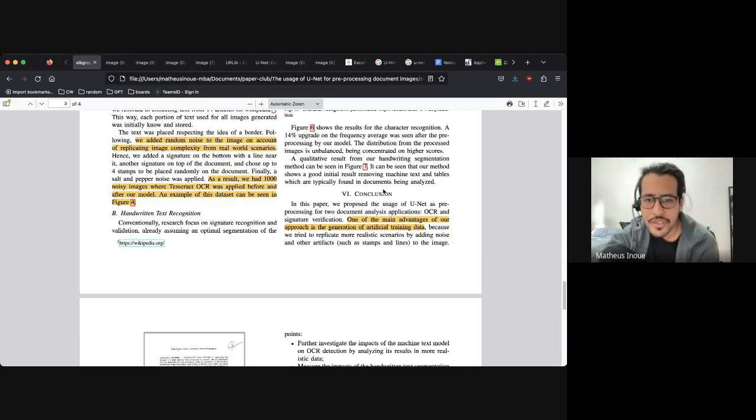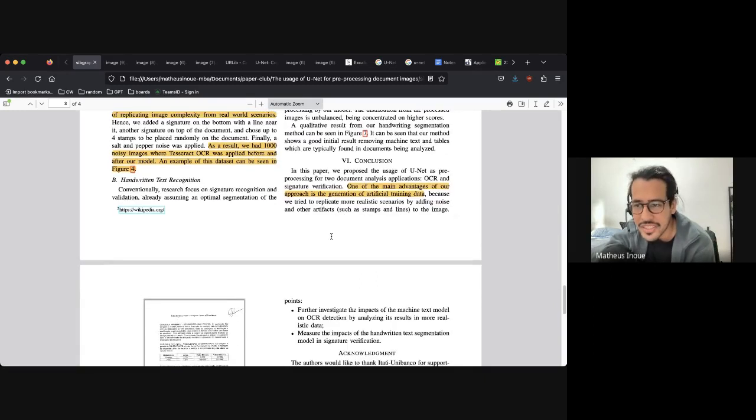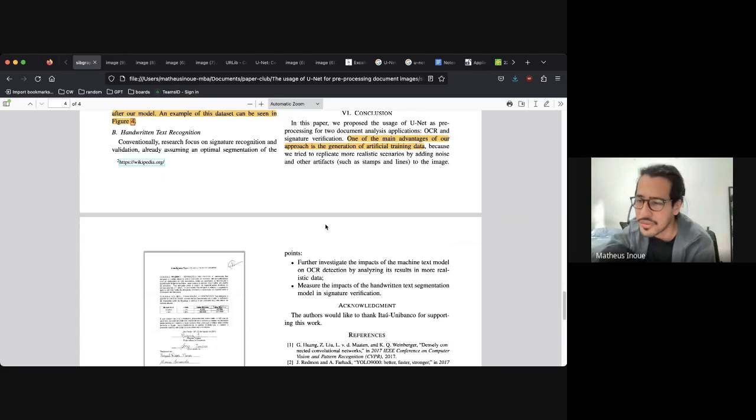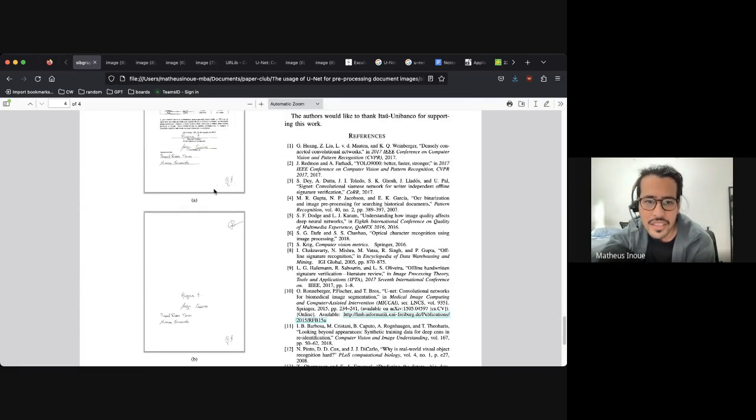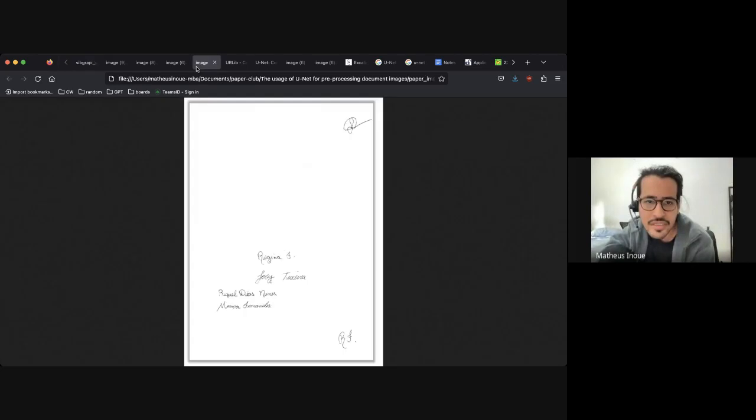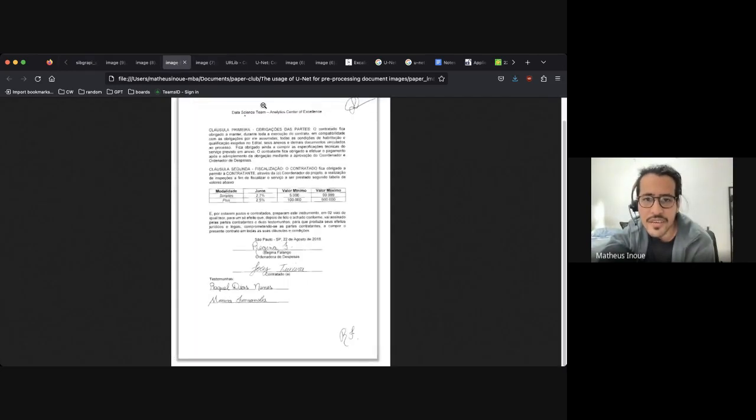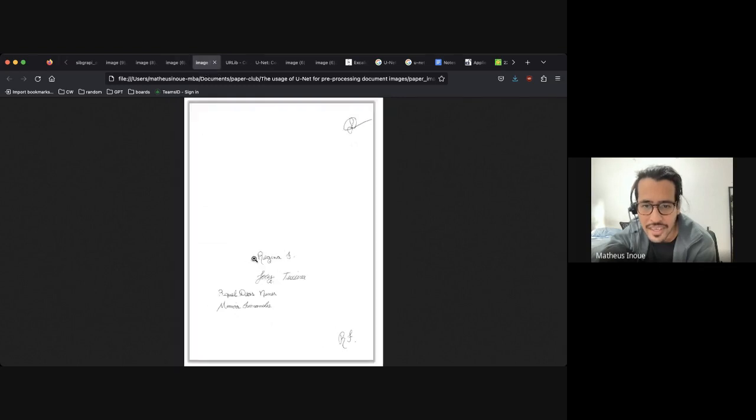Okay, so finally here we go to the conclusion. They say that one of the main advantages of our approach is the generation of artificial training data. So we don't need to get other people to assess that. And here they also go to the signature part, right? Here you have the image, like a contract. So you have some signatures here, and then they feed this to the UNet, and the results are kind of good, right?